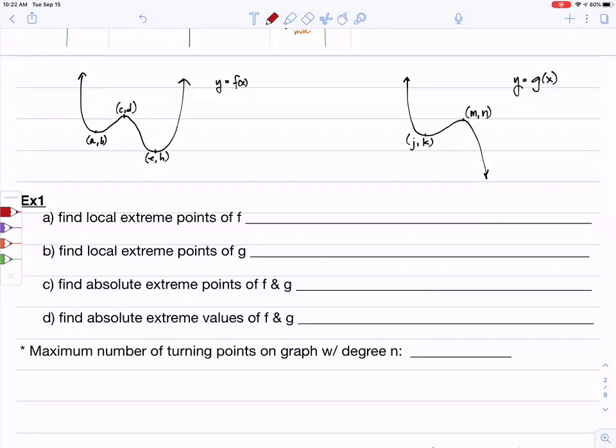Just part A, local extreme points of F. Now, Zoomers, in a minute, I'm going to ask the people in class to show each other what they wrote down. I want you guys to put this in the chat. So just type it out in the chat. Part A only. Find the local extreme points of F.